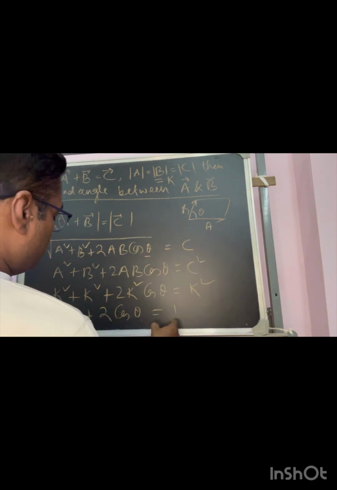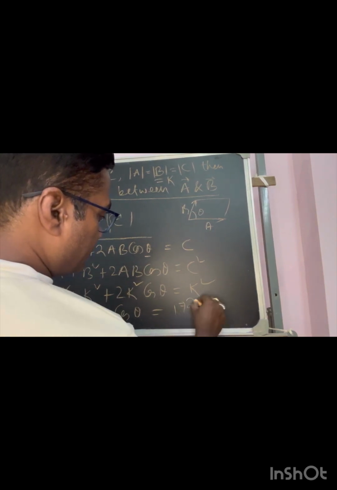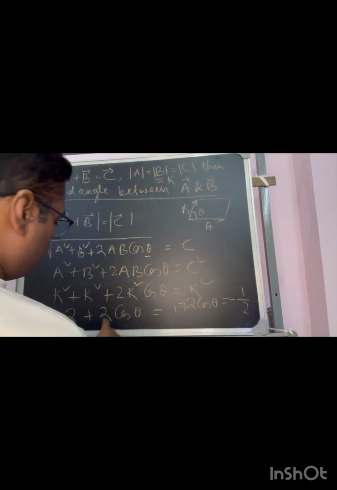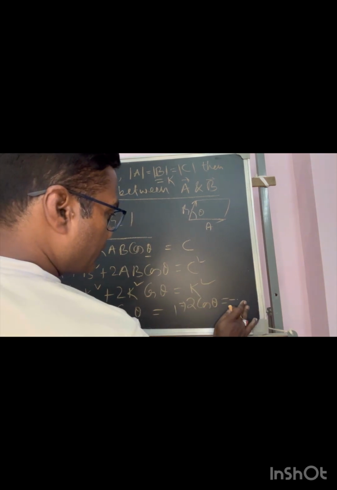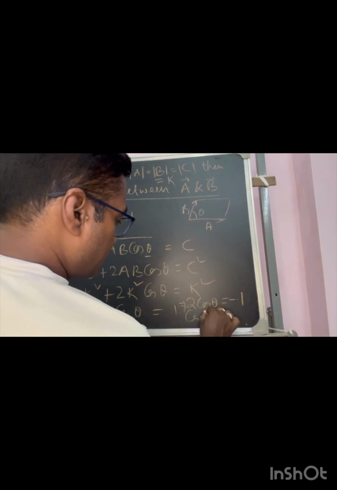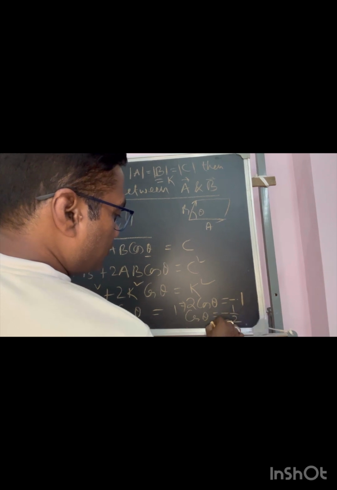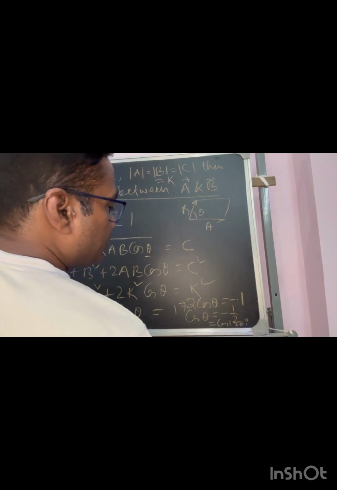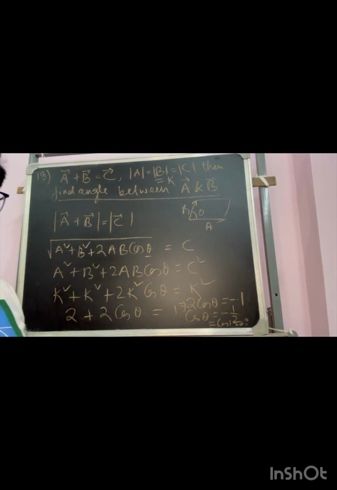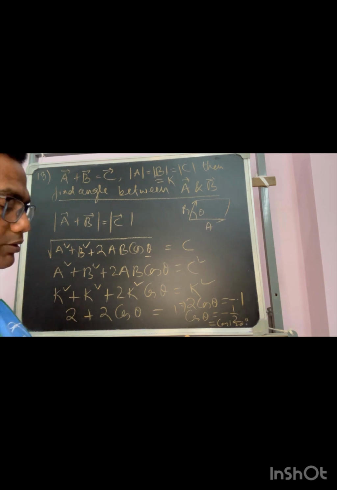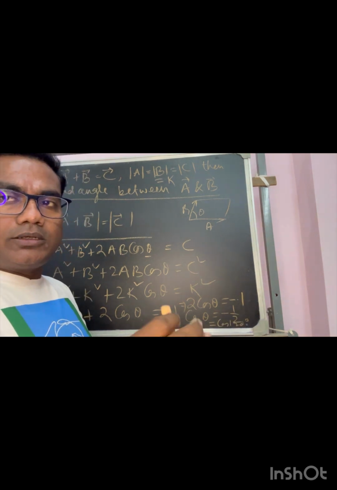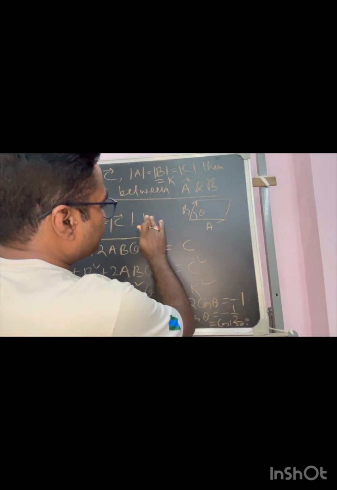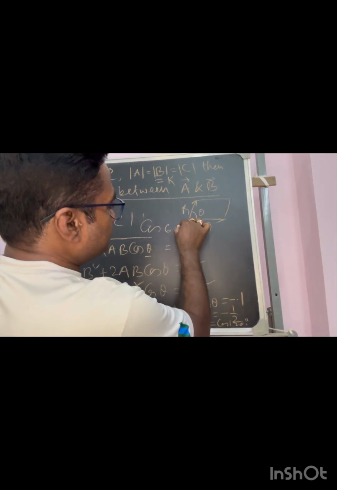So from here we'll get 2 cos theta is equal to minus 1, and cos theta is equal to minus 1 by 2. Minus 1 by 2, that means cos of 120 degree. That we will learn when we do trigonometric problems on angle conversion, because cos 60 is equal to half.